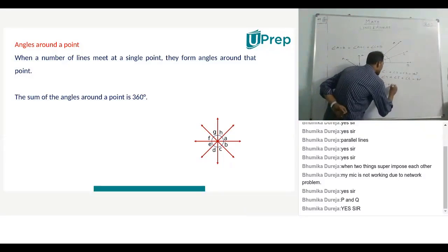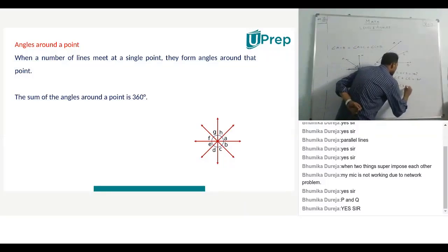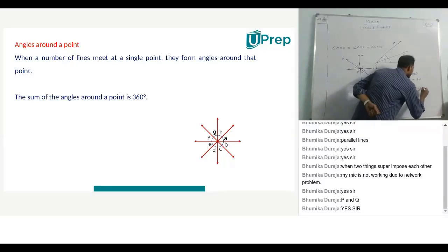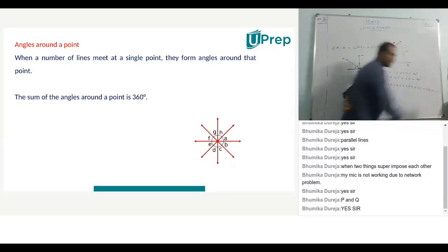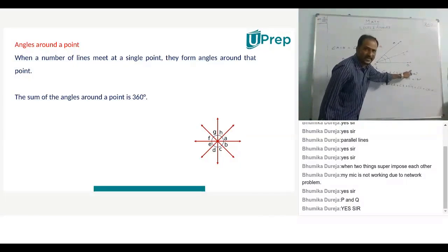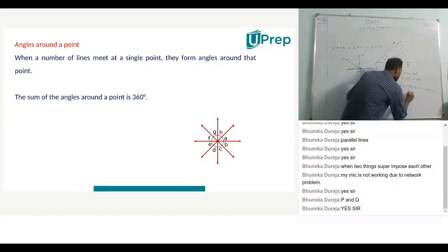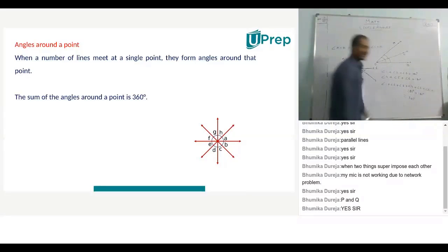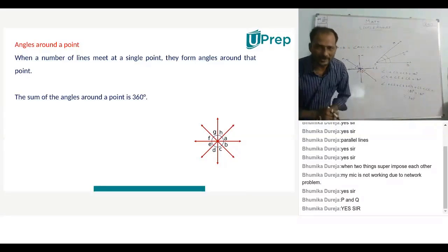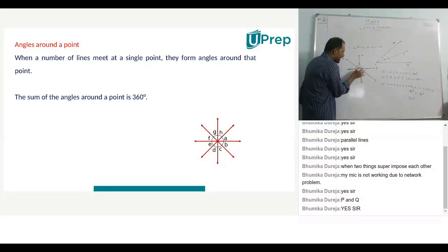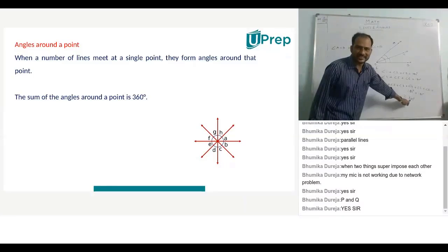Angle 1 plus angle 2 plus angle 3 plus angle 4 plus angle 5 plus angle 6 will be equal to 180 degrees plus 180 degrees, which is nothing but 360 degrees. So basically, the sum of all the angles around the point P is 360 degrees.